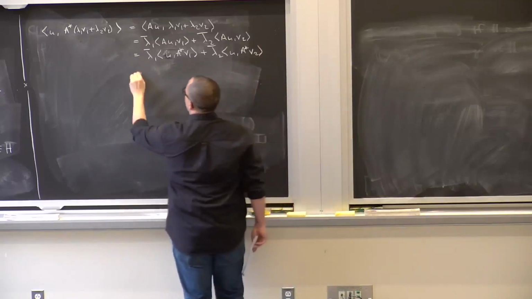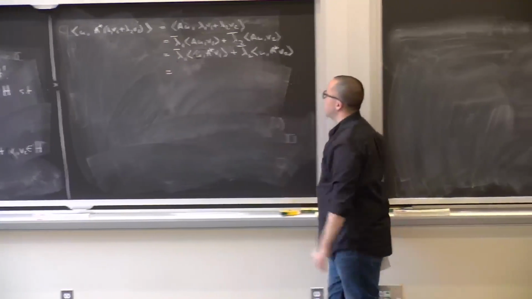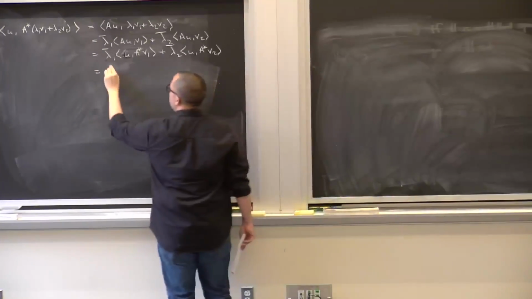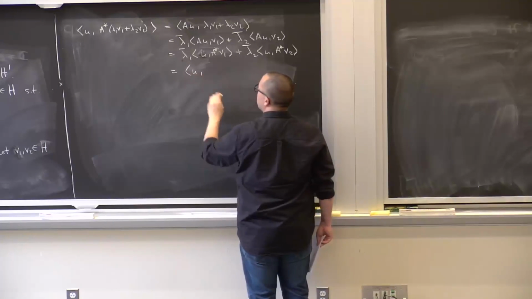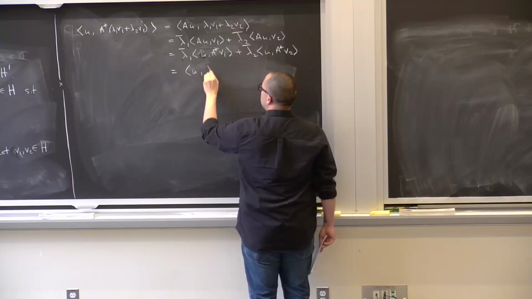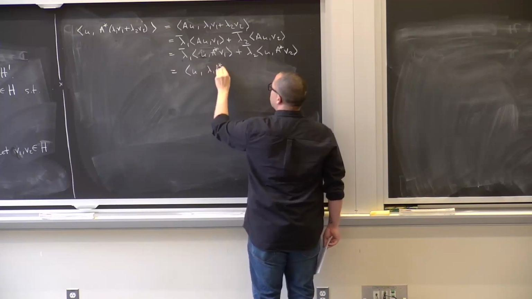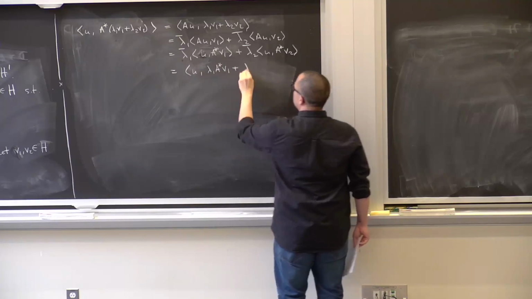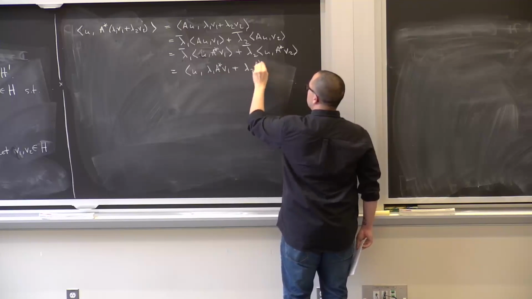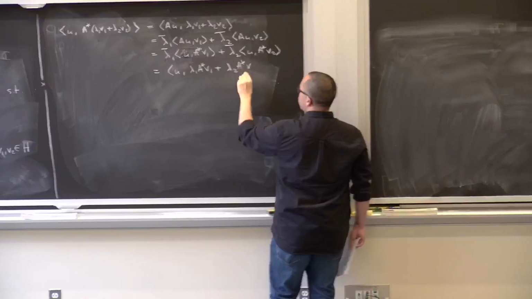And pulling the complex numbers back in, this is equal to the inner product of u with lambda 1 A star v1 plus lambda 2 A star v2.